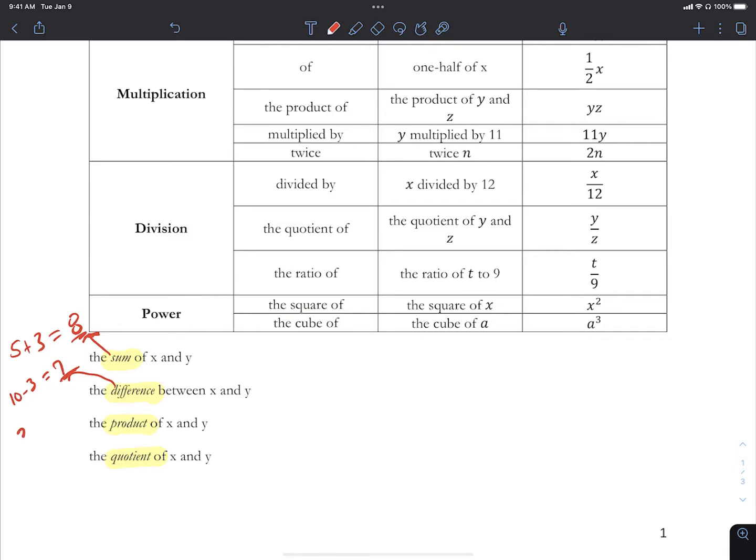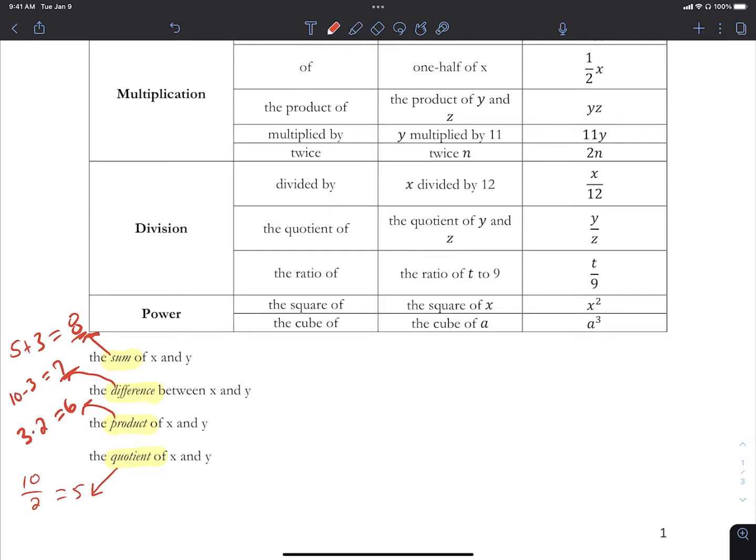So if I had like 3 times 2 equals 6, then 6 would be the product, right? And quotient is the answer we get when we divide. So if I had like 10 divided by 2 equals 5, 5 would be the quotient, right?